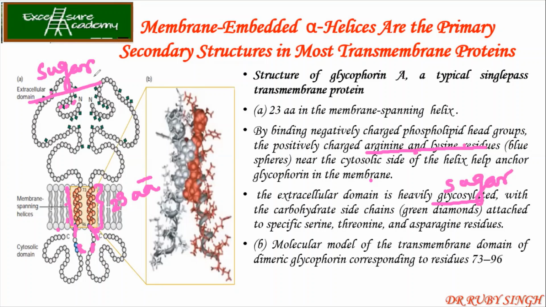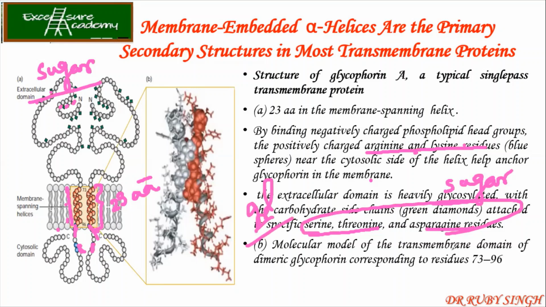Yes, it is correct, because whenever you have a glycan region attached to any protein, that protein can be called a glycoprotein. Now, to what amino acids are the sugars attached? It is serine, threonine, and asparagine residues. This is something you need to remember, because for the proteins we will talk about in future also, it is always serine, threonine, asparagine amino acids to which most of the sugars are attached. So just remember these amino acids.